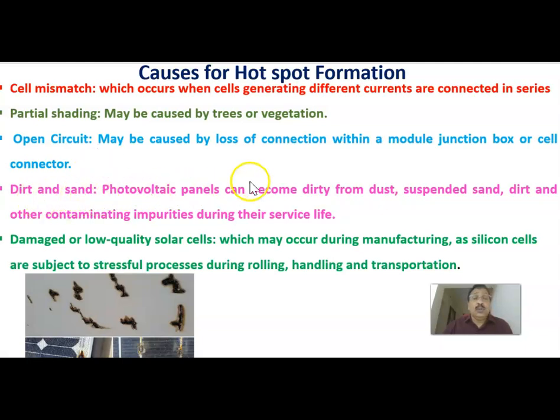Dirt and sand: photovoltaic panels can become dirty from dust, suspended sand, dirt and other contaminating impurities during their service life, and that will cause hotspot formation. And damaged or low quality solar cells, which may occur during manufacturing, as silicon cells are subjected to stressful processes during rolling, handling and transportation. Damaged, low quality solar cells also lead to hotspot formation. It actually damages the solar cell.